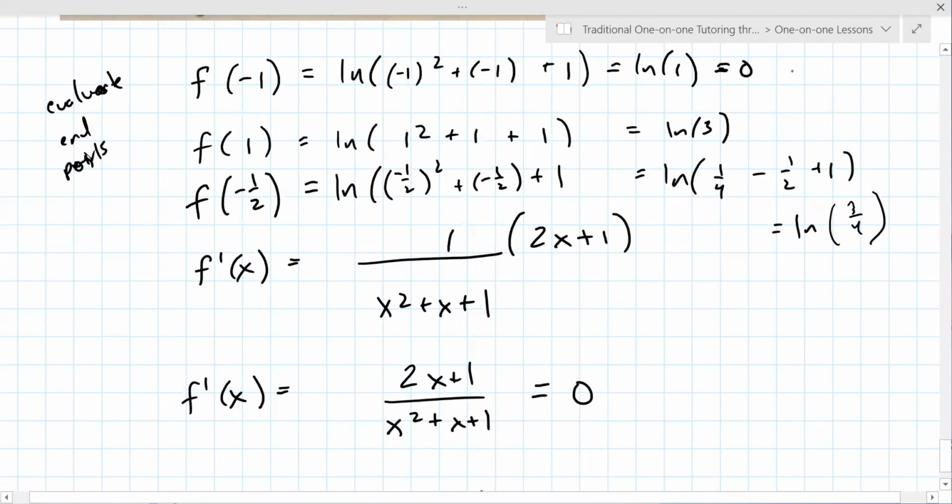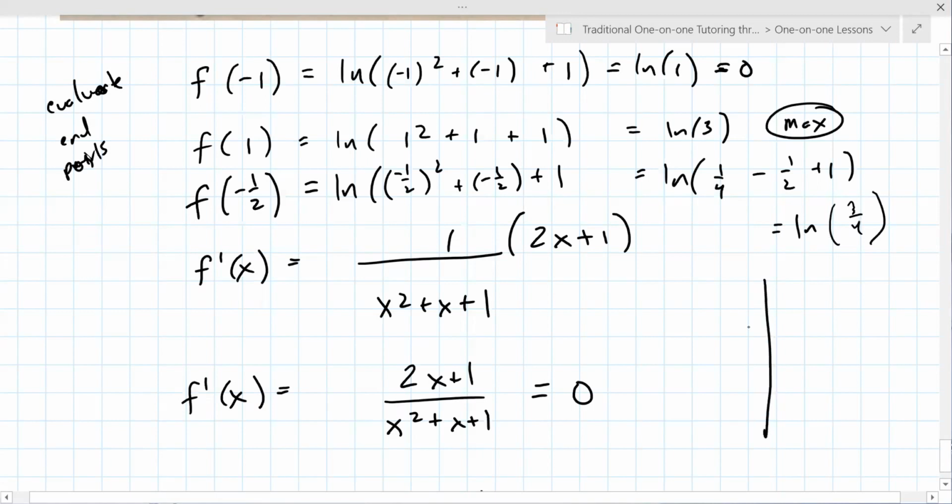Okay, so now you have three different numbers: 0, natural log of 3, natural log of 3/4. You have to figure out which is the smallest and which is the biggest. Natural log of 3 is the largest. This is the max. But now, where's natural log of 3/4?